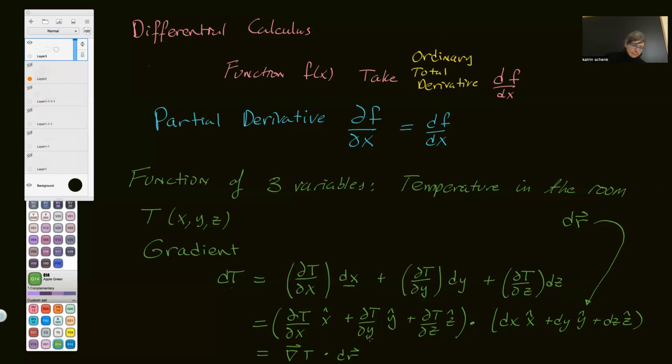Since this is a vector, what direction does it actually point in? Anyone remember?